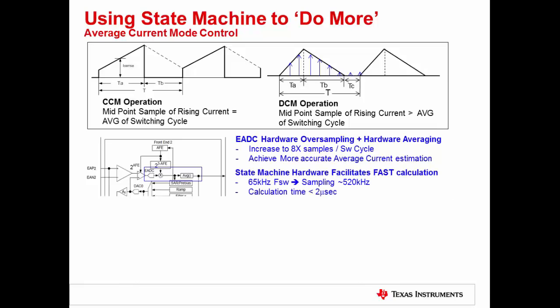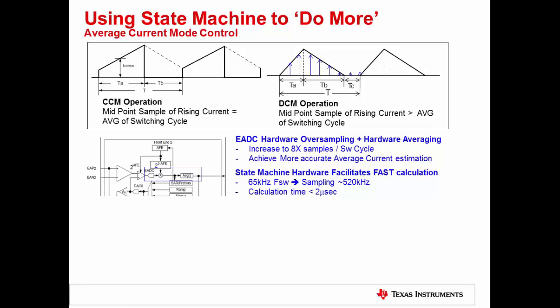What enables this unique capability with this controller is the high-speed computation capability of the digital state machine hardware inside the device. With 8 times sampling on a 65 kHz switching converter, the sampling rate is greater than 500 kHz, which allows a calculation time of less than 2 microseconds.